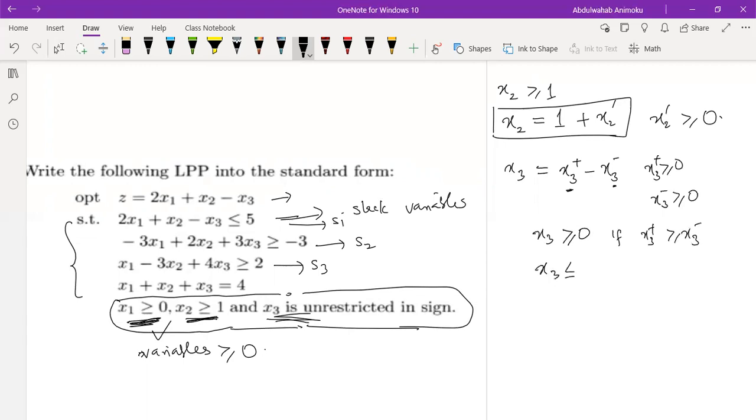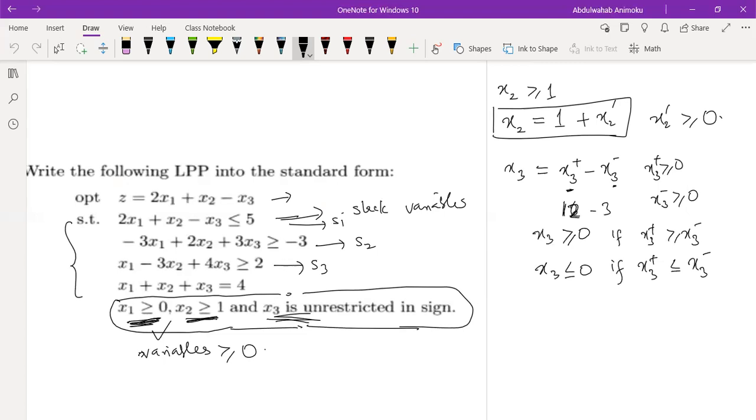But X3 will be less than or equal to 0, satisfying the negative side, if the reverse is the case, if the first number is less than the second number. Think of it as if X3 is positive, let's say it's 9. You can have this as 12 minus 3, two positive numbers where the first one is bigger than the second one.